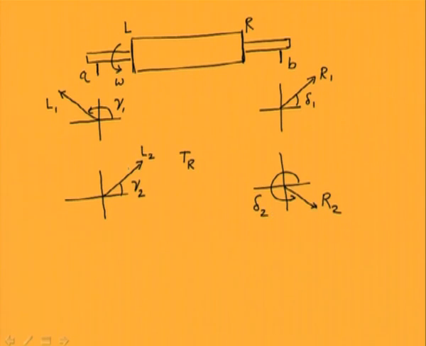Now if we draw the response due to the residual unbalance here itself, this vector, which is the difference between the present one and the previous one, is the effect of the trial mass which we are keeping in the right plane on the left bearing.